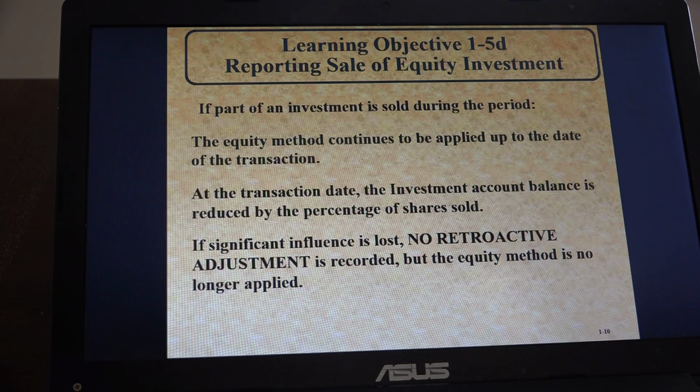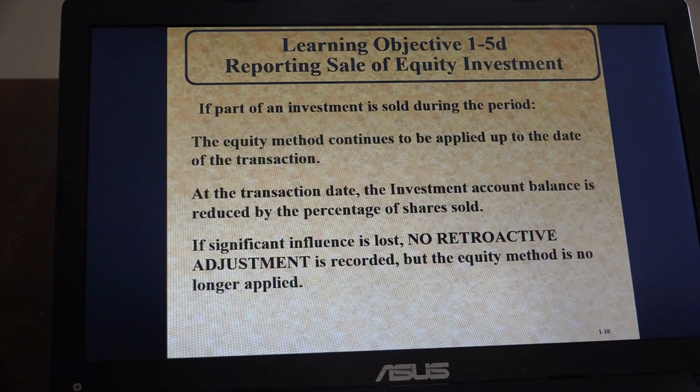In this case, they have to adjust for any net income of the investee through the date of the sale and any dividends. So we've got an increase in our investment of $28,000, and you've got dividends of $12,000 that the investor has to deal with in their books.